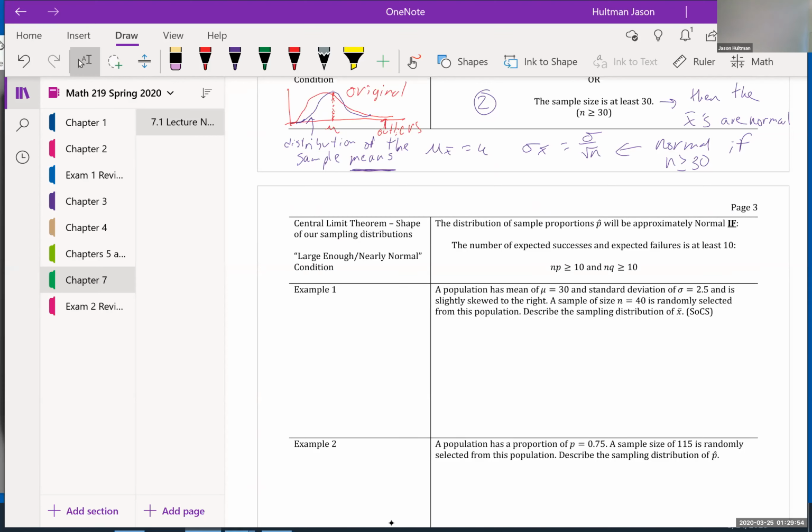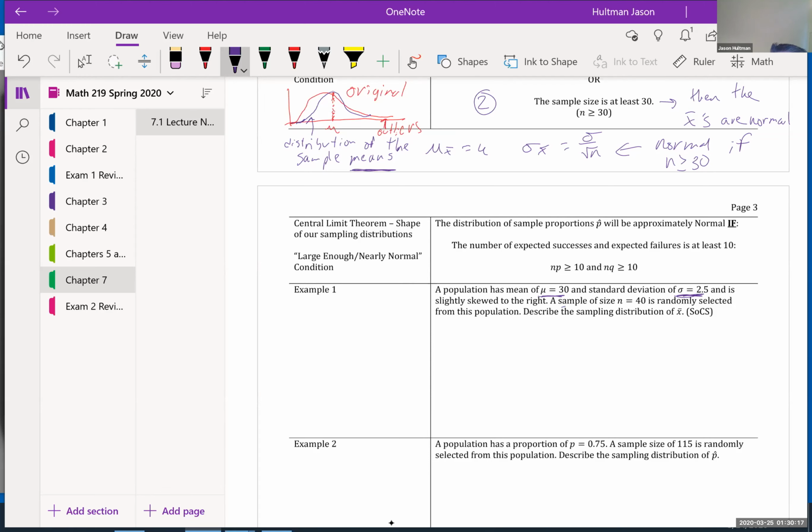A population has mean mu equals 30 and standard deviation sigma equals 2.5. And it is slightly skewed to the right.